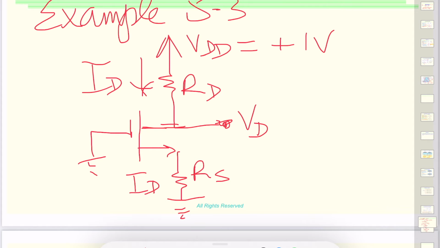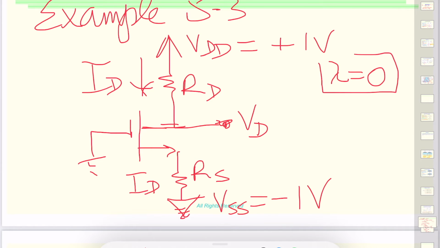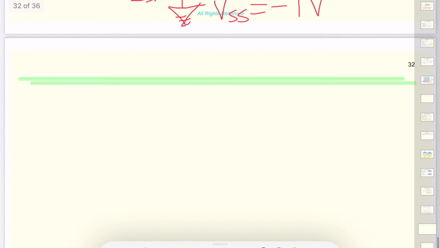This is not ground, this is the source power supply, which is given as minus 2.5 volt. The question tells us there is no channel length modulation, and we need to find RD and RS. These are the unknowns.